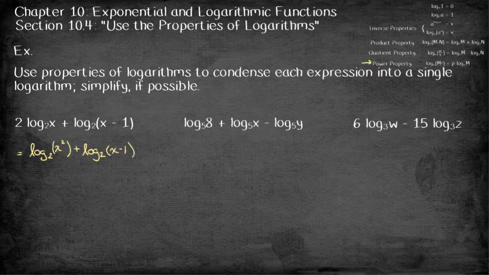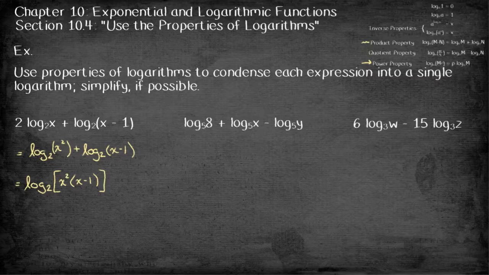But that's not all, because we have 2 logarithms with the same base being added together. We can also look at this product property. And there we have a condensed logarithmic expression.